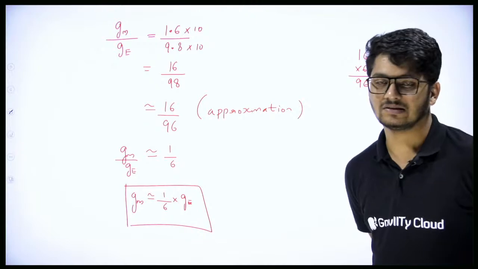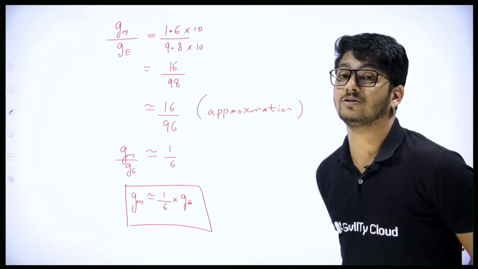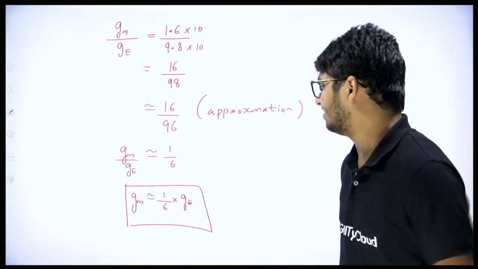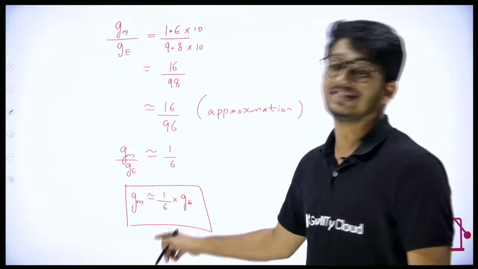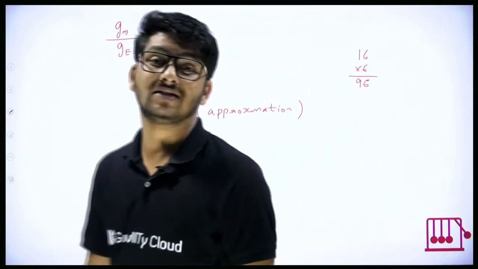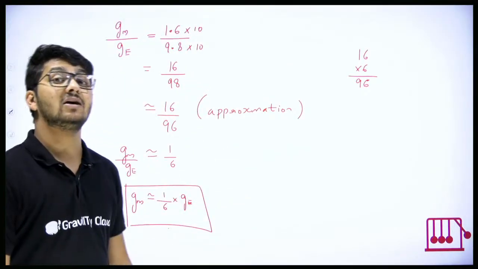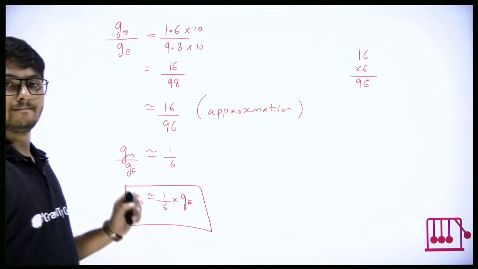Obviously there is an approximation involved. And this is the reason why we say that acceleration due to gravity on moon is 1/6 that of acceleration due to gravity on Earth. Clear? Good.